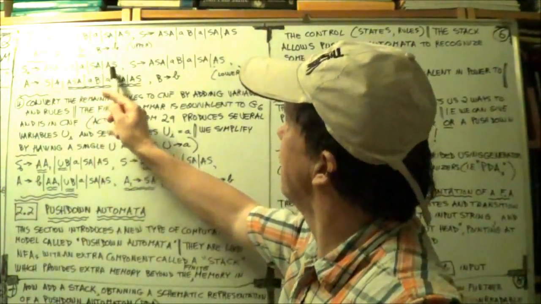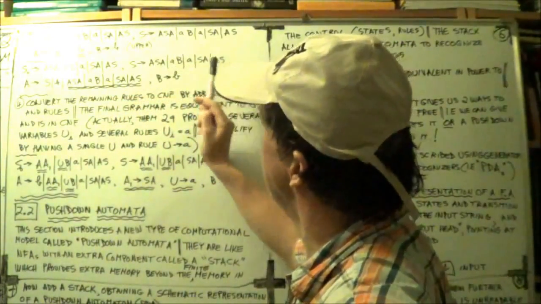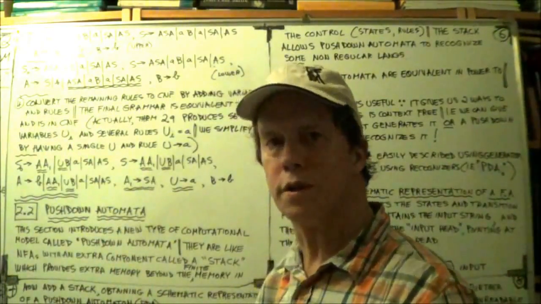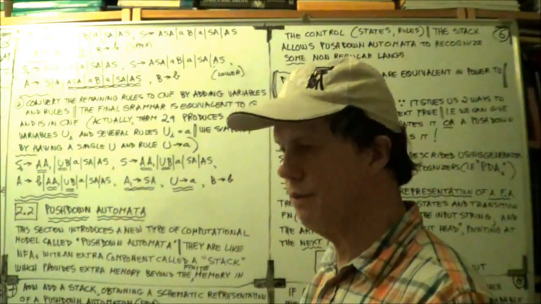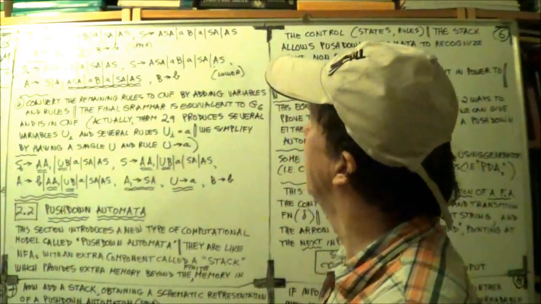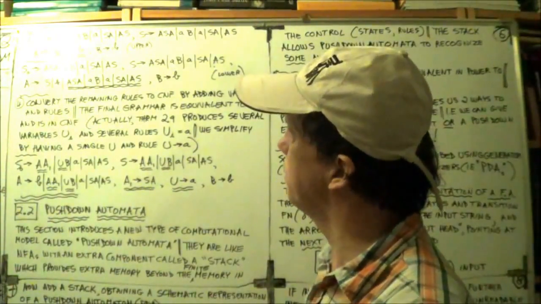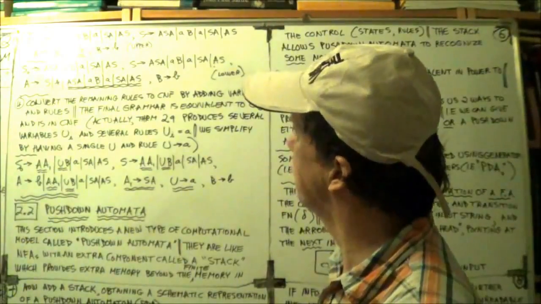But we're progressively getting it more and more into CNF. Okay, so now move on to step 4. And what do we do then?